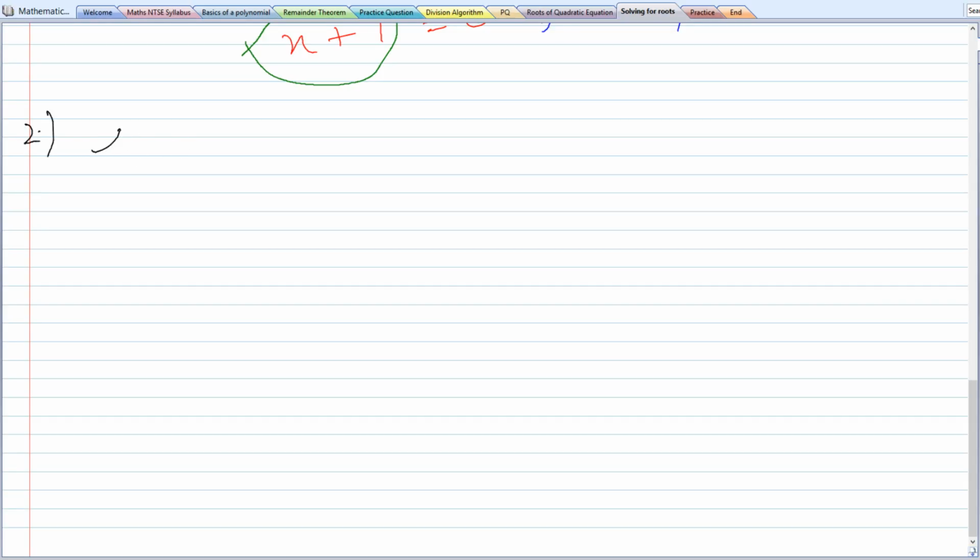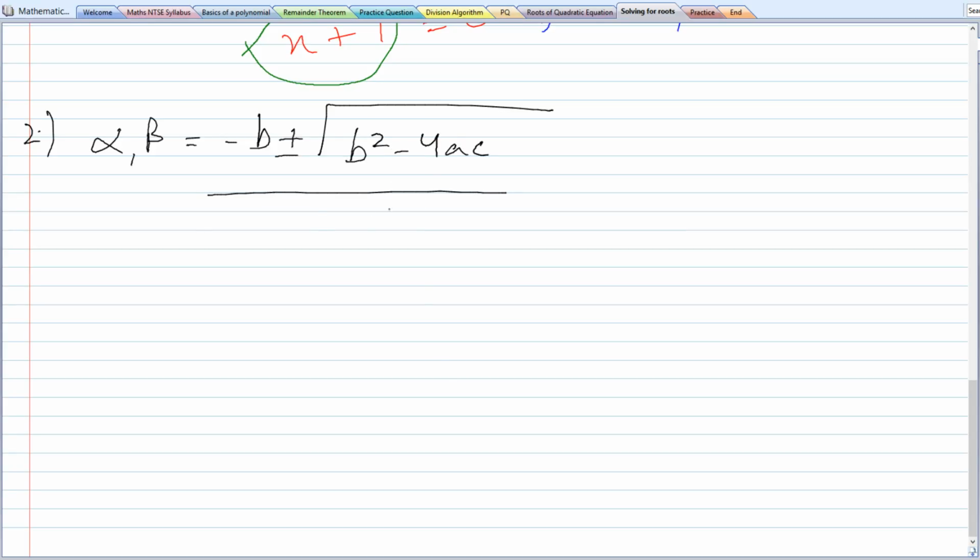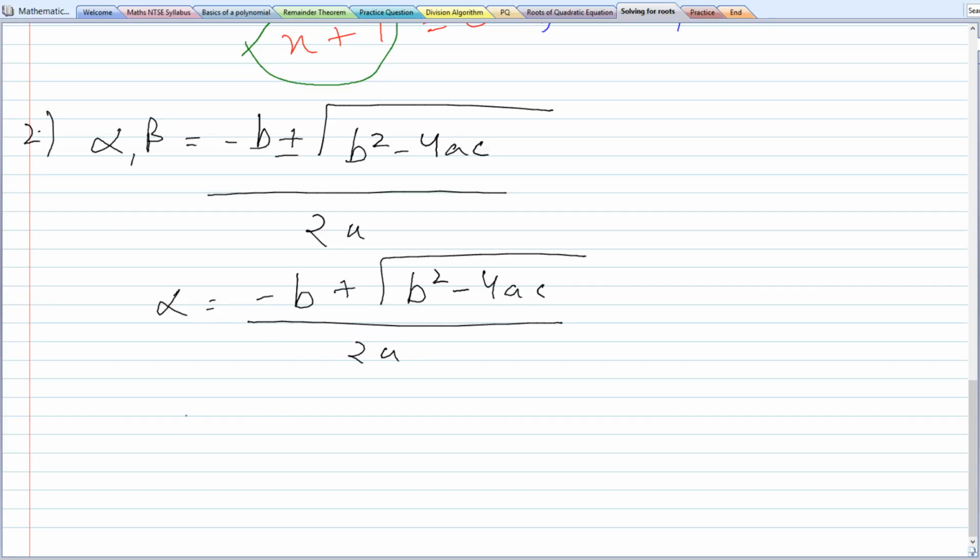That the values of alpha and beta can be found out by this equation. Here alpha is equal to minus b plus root b square minus 4ac upon 2a.